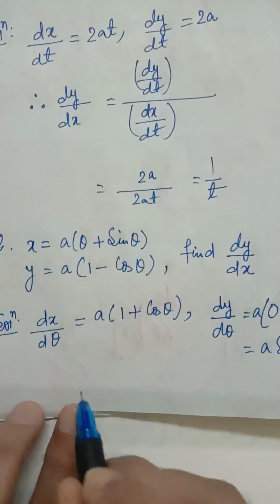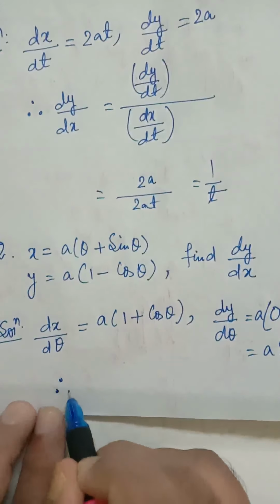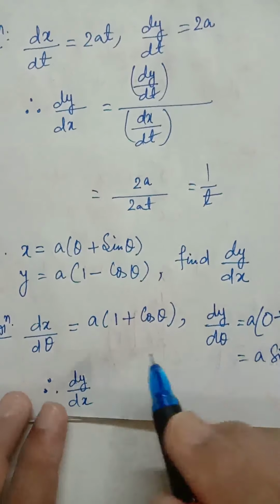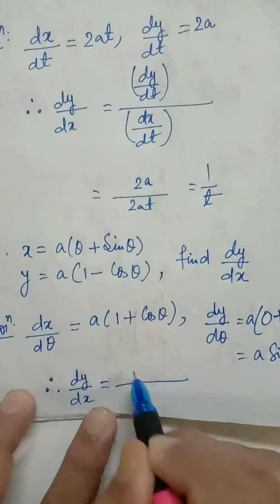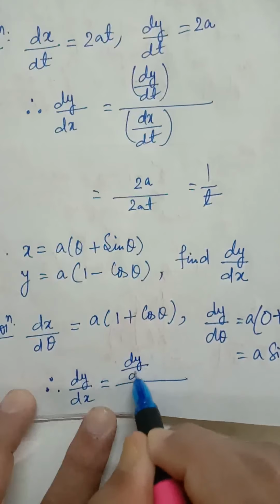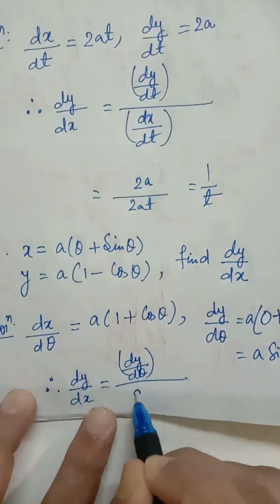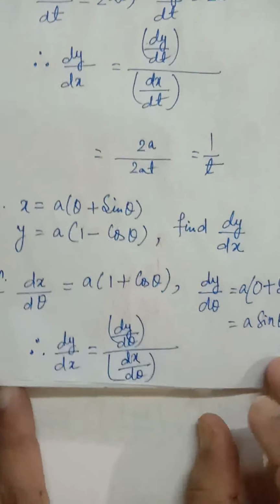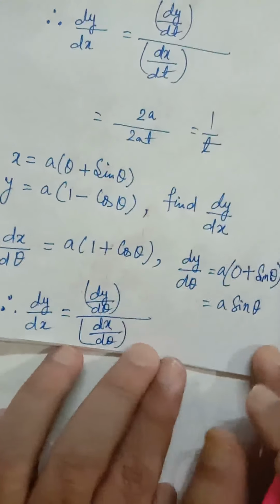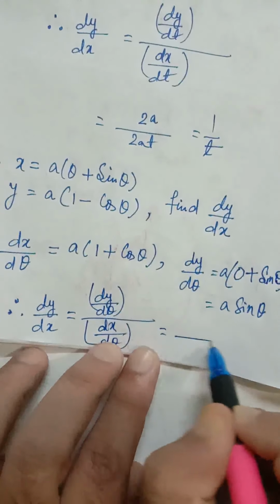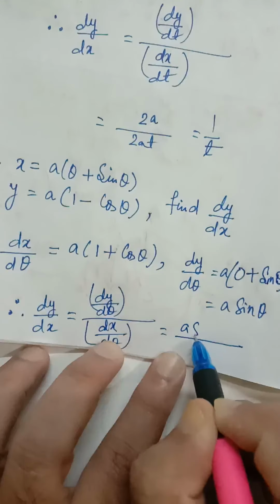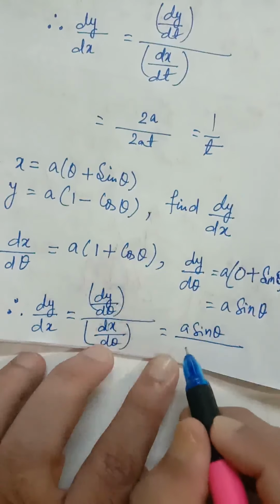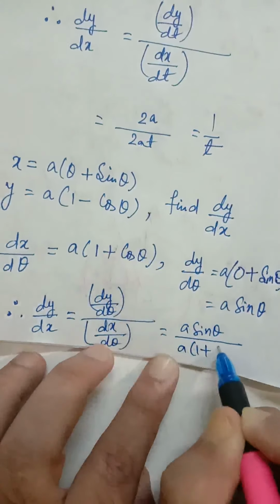Now therefore dy by dx equal to dy by d theta divided by dx by d theta. Putting the values, dy by d theta equal to a into sin theta, dx by d theta equal to a into 1 plus cos theta.